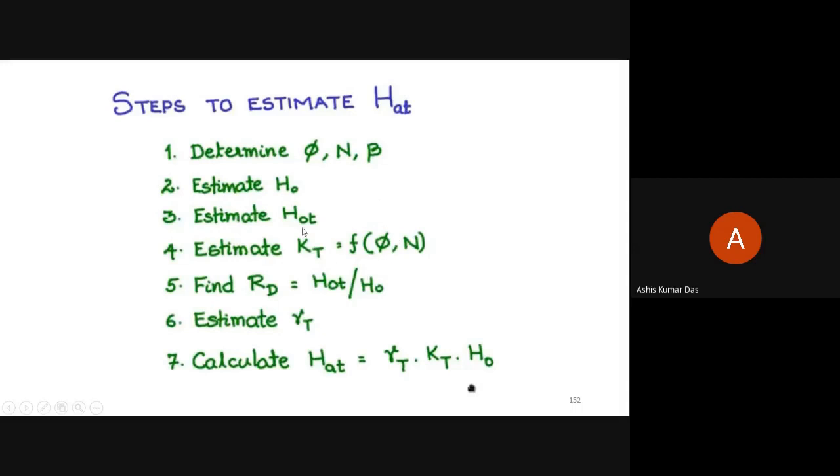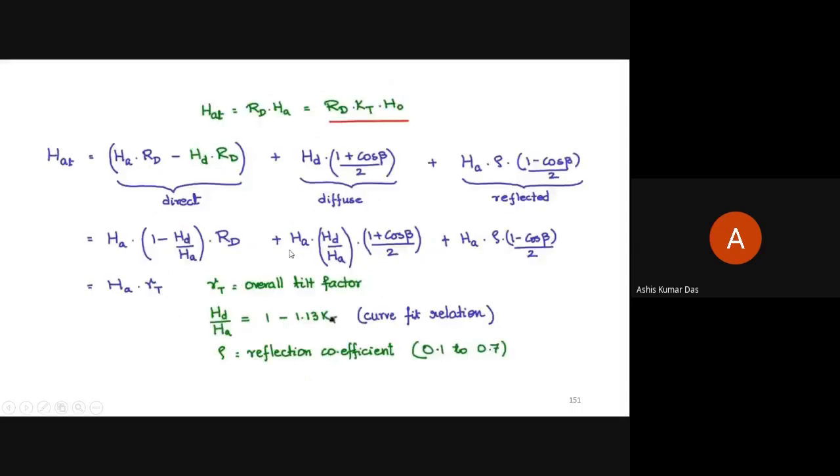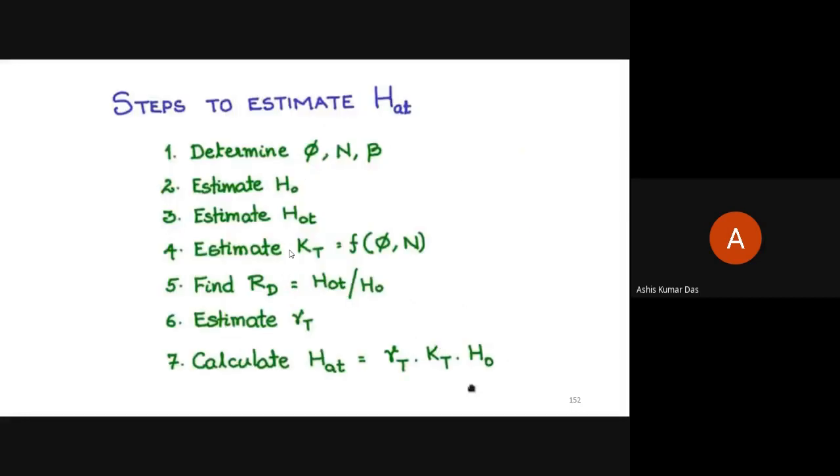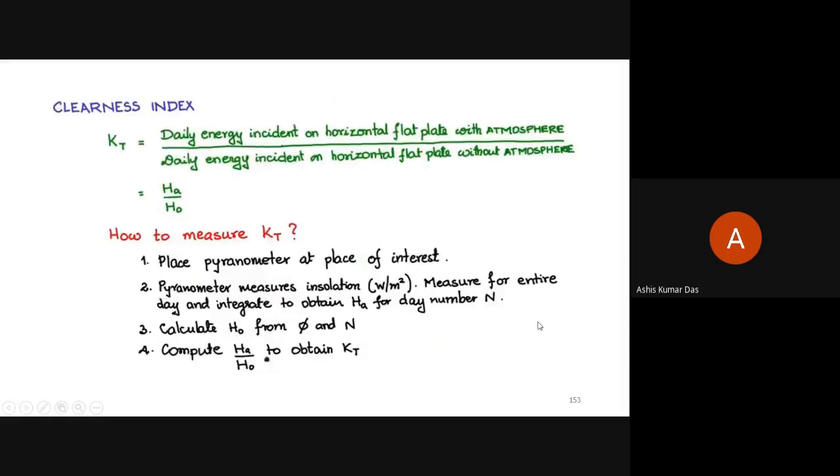So now we have to get this KT, because the other parameters we can easily determine. Without finding out the KT we cannot reach this HAT.